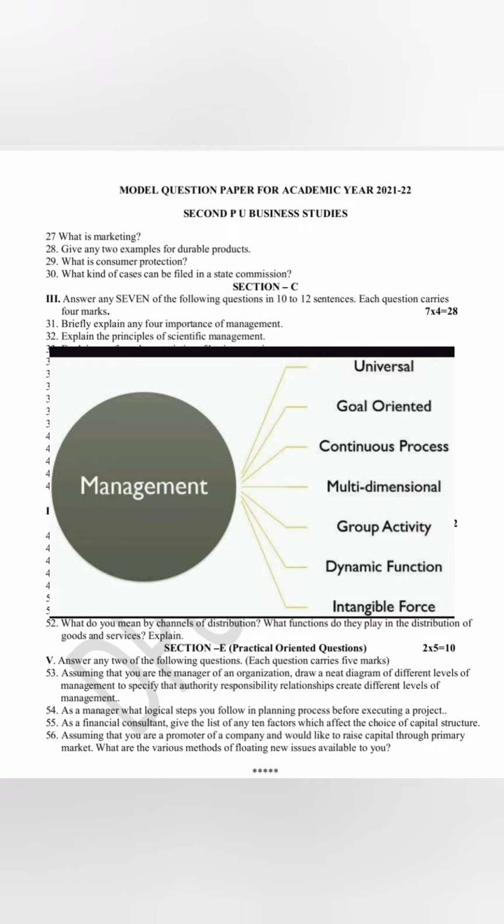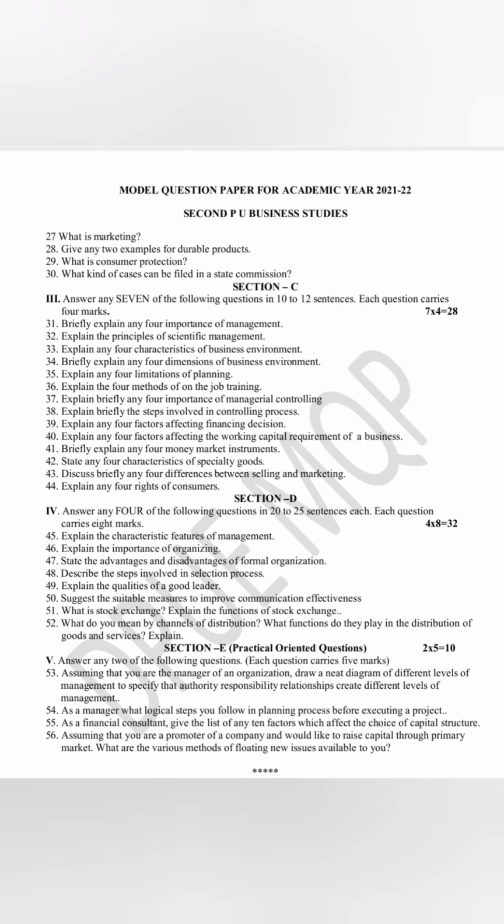It is a continuous process, it is pervasive, it is multi-dimensional, it is a group activity, and it is a dynamic function. It means it keeps on changing as per the changing situation. It is an intangible force, but you can feel it by the result, with the success of the organization.